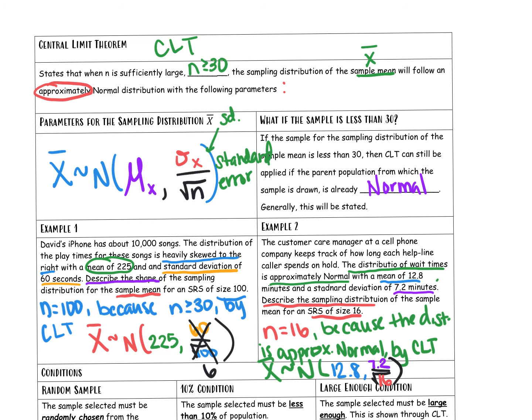And we can clean that up. The square root of 16 is 4. So 7.2 divided by 4 is 1.8. So this new standard deviation, or the standard error, is actually 1.8. And notice that it decreased in size.